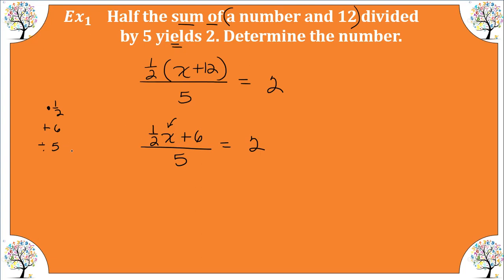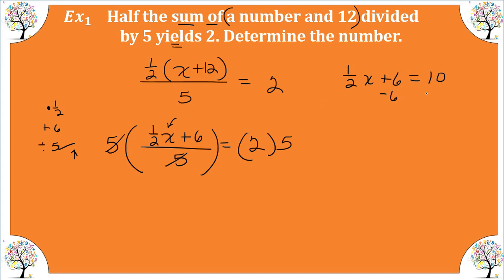But we're solving, so we're going to go backward, and we're going to do the inverse of each of these. So we're going to get rid of the division by multiplying both sides by 5. This gives us 1/2 times x plus 6 equals 10. Now we need to undo the plus 6 by subtracting 6. So check that off.